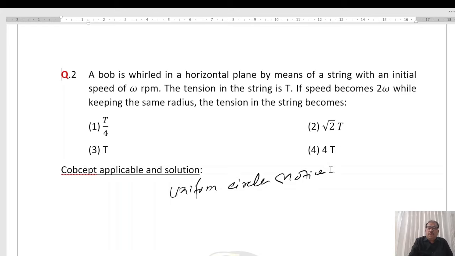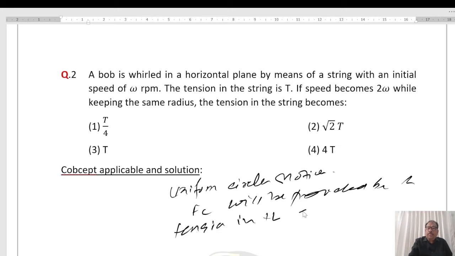Horizontal. Now, in this case, Fc will be provided by the tension in the string, right?